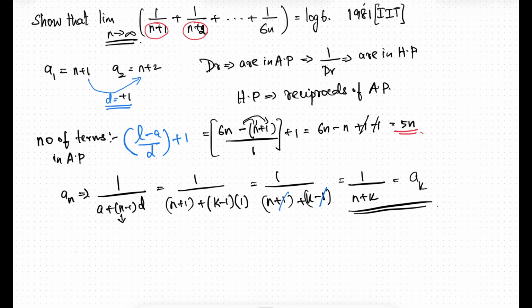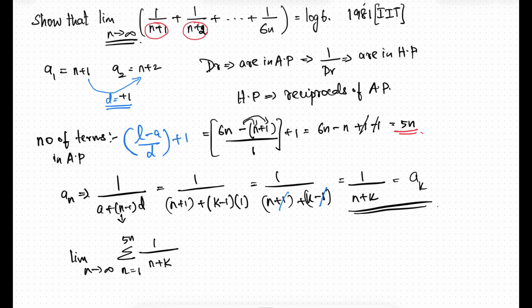In the place of k you will have 1, 2, 3, and so on and so forth. So now I can write the entire question as the limit as n approaches infinity of the summation from k equals 1 till 5n, because I have 5n terms and the first term starts from 1, of the reciprocal of n plus k.